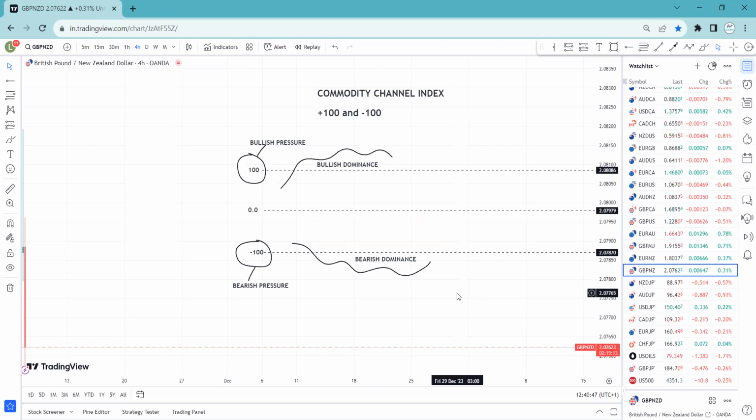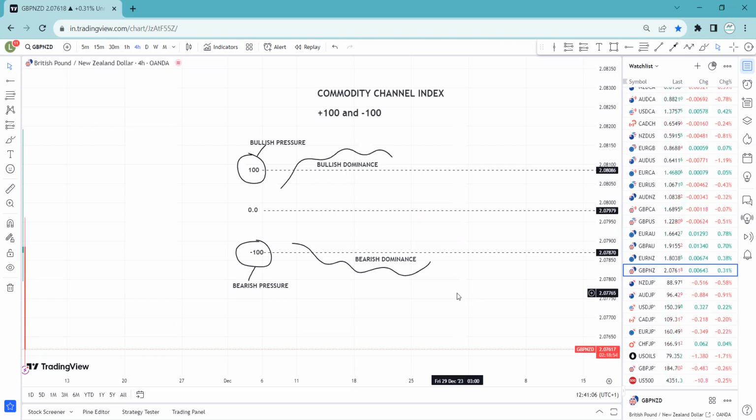Now, if you understand this, the next question that would probably come to your mind is, when do I know that the bulls will say, look, we're no longer interested in this market?